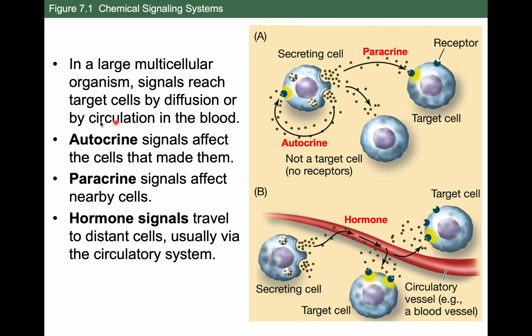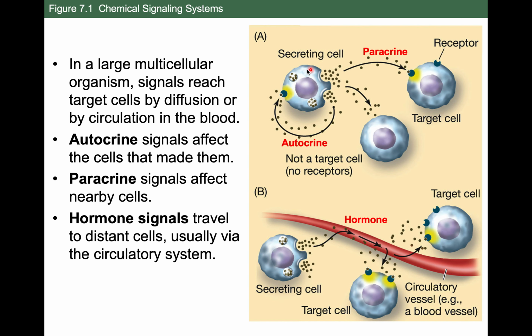There's three main levels of signaling that I want you to be aware of: autocrine, paracrine, or hormone signaling. And the difference between these really all comes down to the distance that the signal is traveling. So auto always means self, and an autocrine signal is an instance where a cell is actually producing a chemical signal.